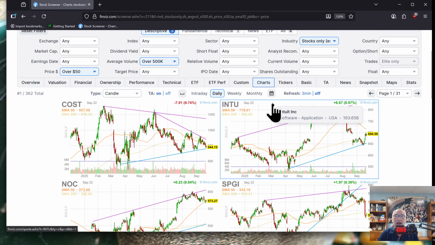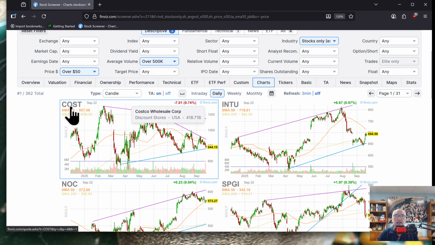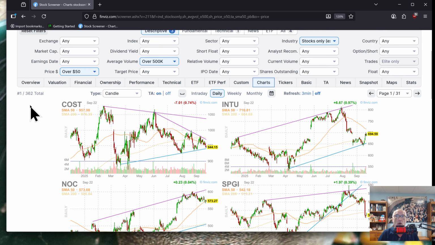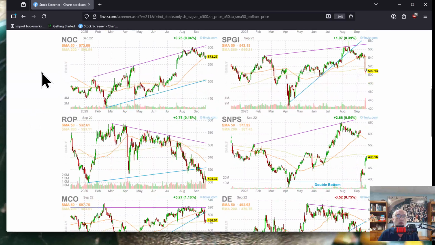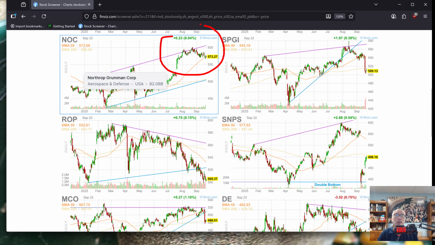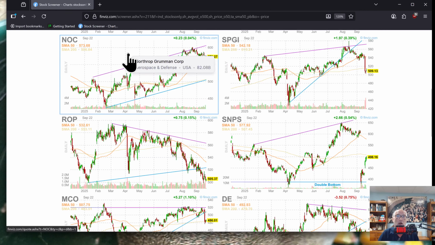No, they don't. What happens is on the way down, the path of least support is the gap. That's why they fill them. But go check this out, and I'll show you what we're talking about. Go look at all these. Northrop is getting under the 50, but it's just starting to get there. What's that mean? That when it's over it, these bear flags are less likely to work.